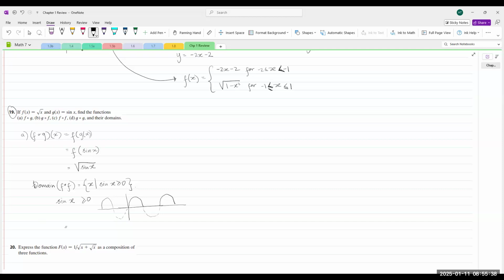Maybe I write it this way. This is all x where x is between 2k pi to 2k pi plus pi, for k an integer.